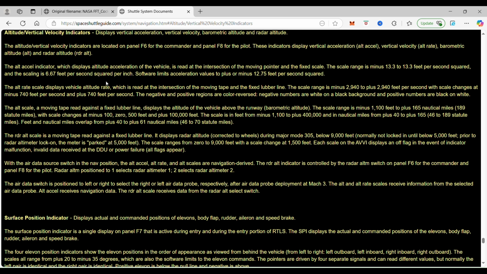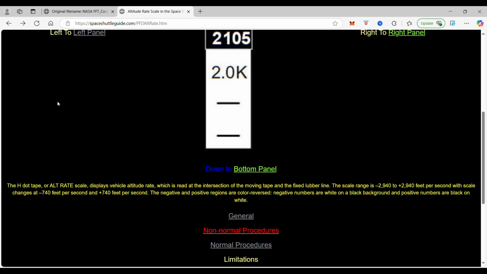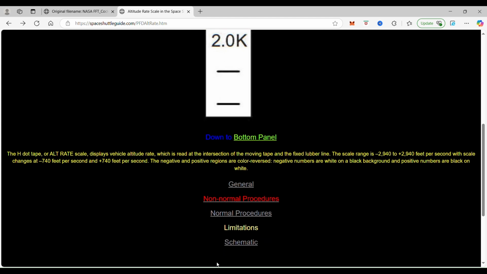So that is what that instrument is measuring. It's measuring the rate at how fast you are going into outer space, at a constant speed or rate.